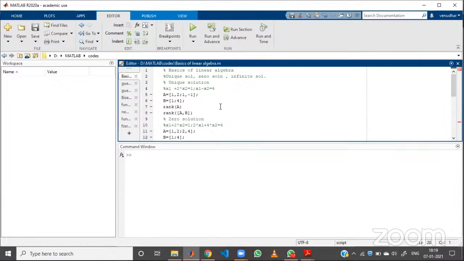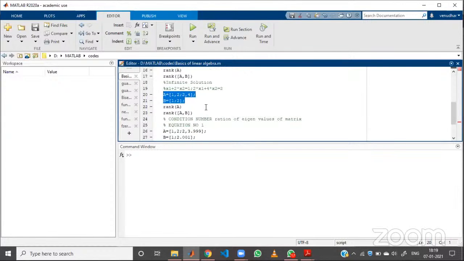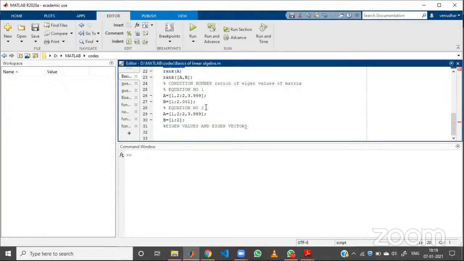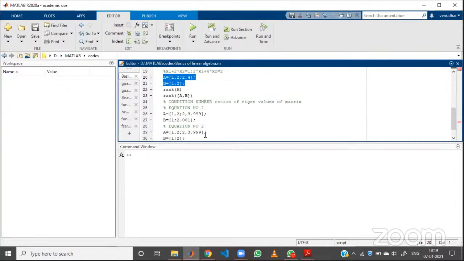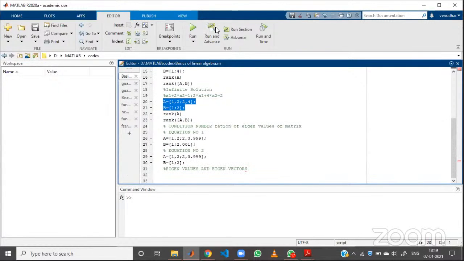This is just the basics, for two variables. Similarly, we can do it for n variables: 3, 4, 5, 6. Up to this everything is clear.